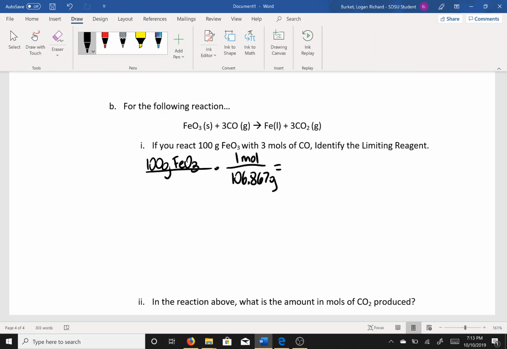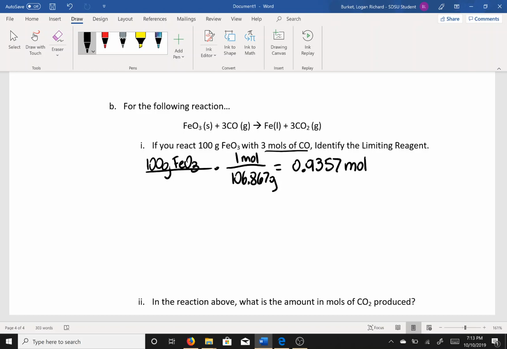So let's go ahead and divide 100 divided by 106.867 equals 0.9357 moles. So that's how many moles of FeO3 we have, and then we have 3 moles of CO.